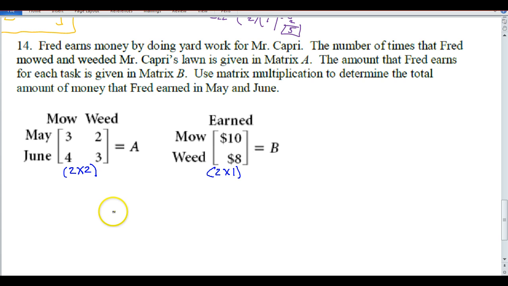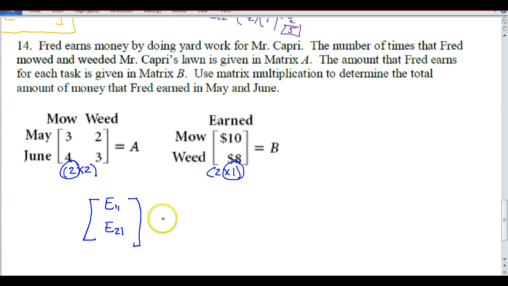Okay, that means the answer is going to be a 2 by 1 matrix. It's the end dimensions. So the final answer is going to be 2 by 1. It's going to be 2 numbers. Entry 1, 1. Alright, entry 2, 1.